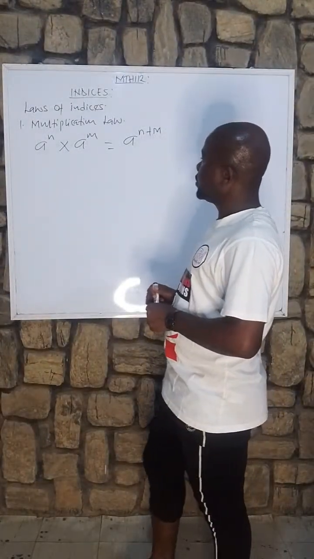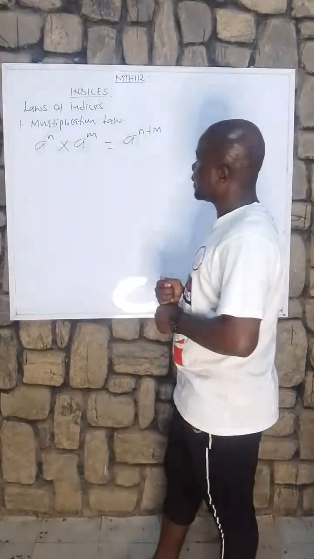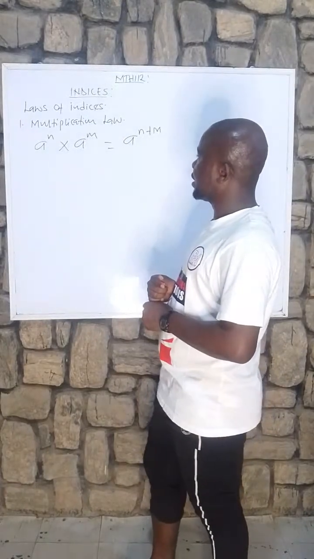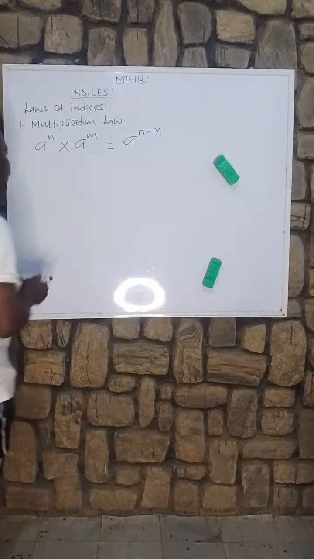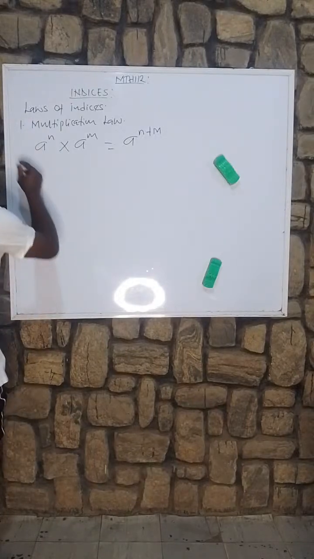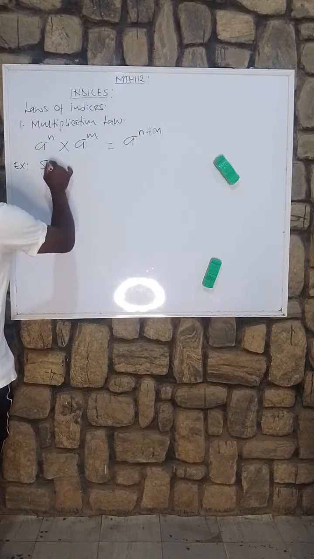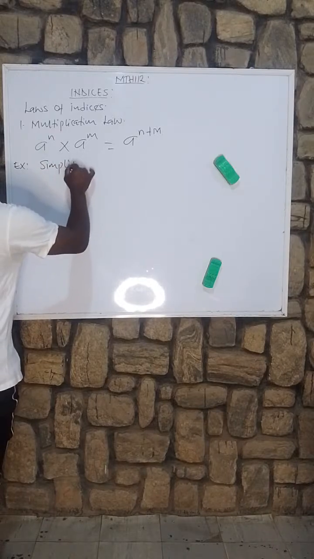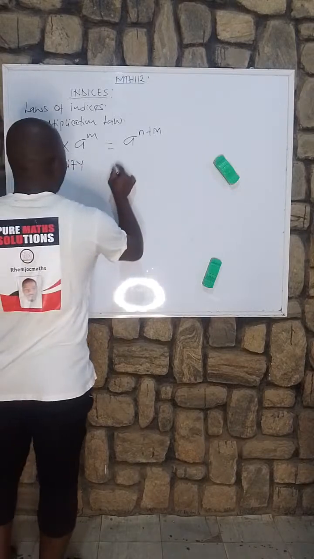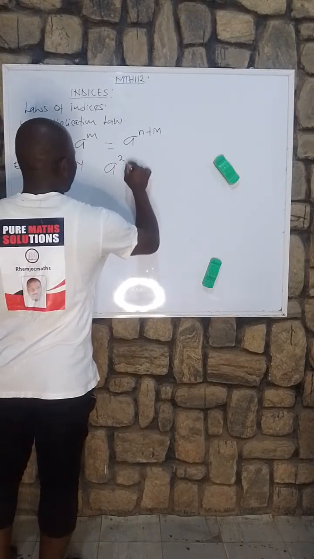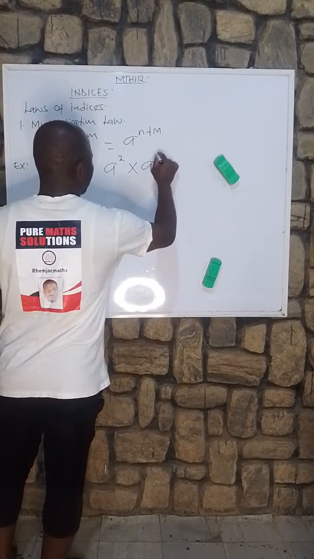Assuming n is a real number, that is a value, and n too is a value. Let's fix the idea with one example. Simplify a raised to the power of 2 times a raised to the power of 3.